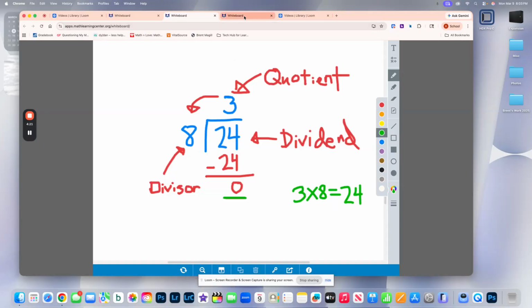Now let's move on to dividing with a one-digit divisor with a larger number. What if we have 4 dividing up a number like 132? I don't know what the answer is going to be; we're just going to find out.